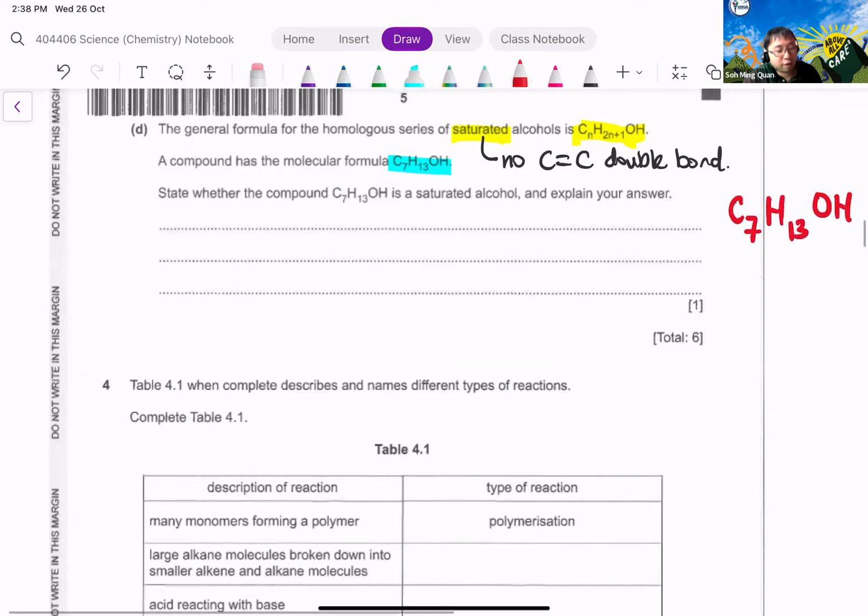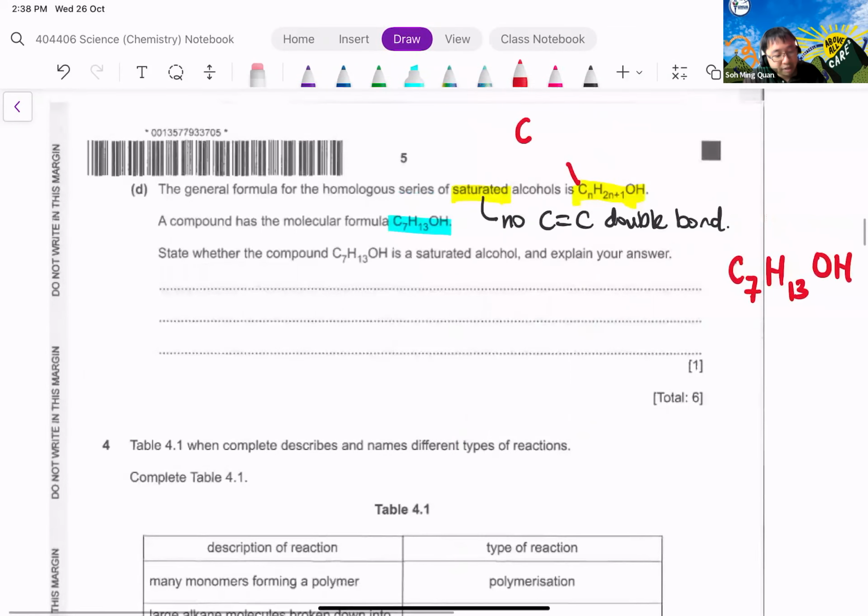So if I follow the formula, it should be C7H(2 times 7 plus 1)OH, right? If it's saturated, it should be 2n plus 1, 2 times 7 plus 1. What is 2 times 7 plus 1? So you work it out. 2 times 7 is 14. 14 plus 1 equals 15.